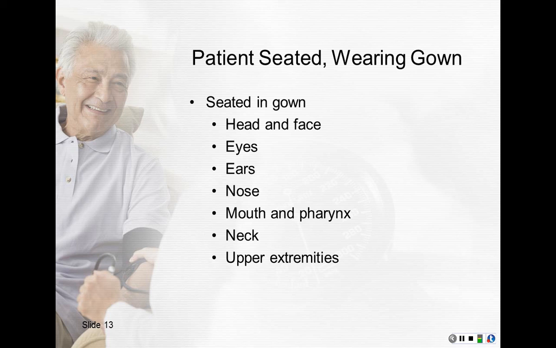This is when I do my lymph node checks. If it's a female, I will also do part of the breast exam while I have them seated, so I can go ahead and get that taken care of. I'll take a listen to the lungs, and perhaps an initial listen to the heart, depending on the age of the patient.